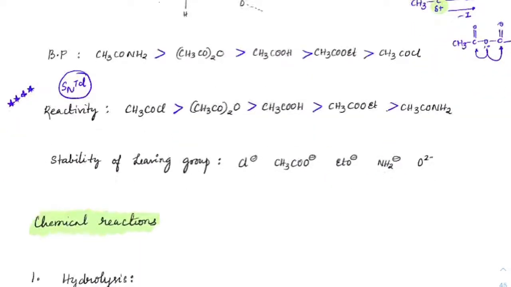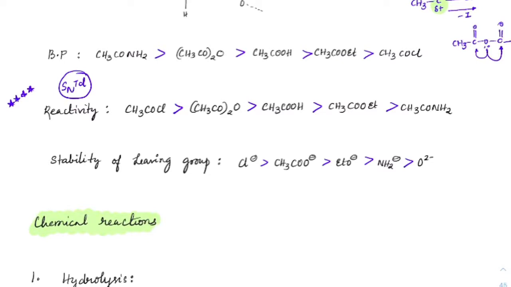Now suppose during SNTD, normally we see that a group will leave. First, a tetrahedral complex is formed. O minus will close the bond and Cl will leave, OAc will leave, OH minus will leave, OEt will leave, NH2 minus will leave. So if you see the leaving character of all of these, you can observe that Cl is a better leaving group than this, than this, than this.